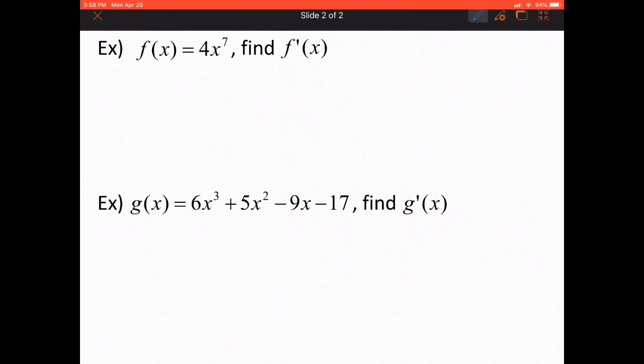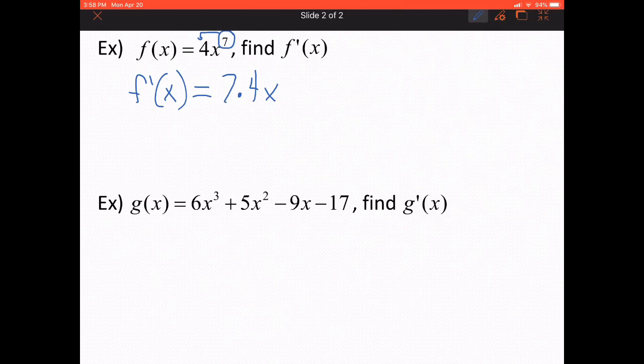I have an example here that's just a monomial, but it's still a polynomial. To find the derivative of f, or f prime of x, we take the exponent and multiply it by the coefficient. So 7 times 4, and we keep our x, but now we take our exponent and subtract 1.